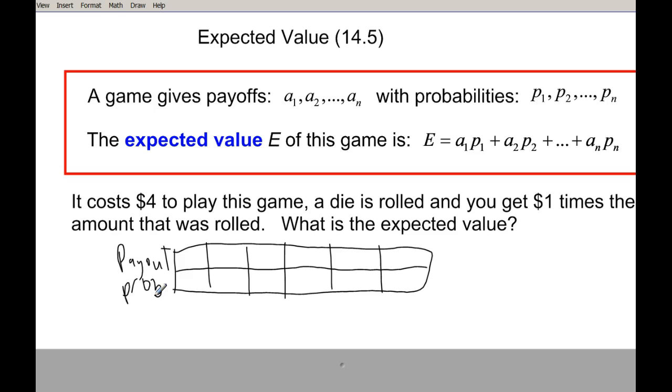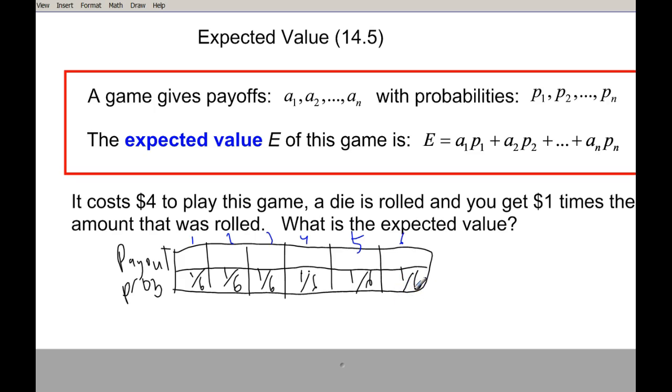You have lots of different options here: you could roll a 1, a 2, a 3, a 4, a 5, or 6. So the probabilities of those happening are relatively easy here. It would be 1/6, 1/6, 1/6, 1/6, 1/6, and 1/6.